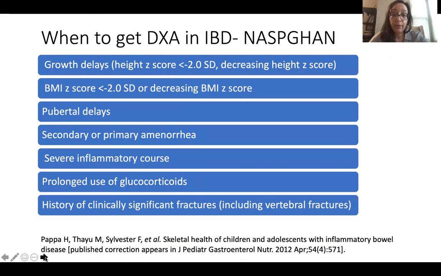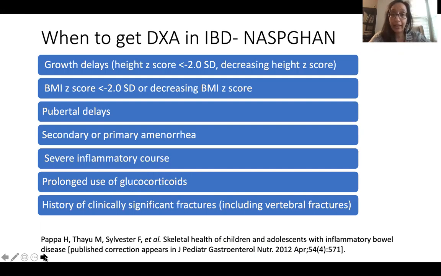The North American Society for Pediatric Gastroenterology, Hepatology, and Nutrition, NASPGHAN, published these guidelines in 2011-2012, and in these guidelines, they recommended that for inflammatory bowel disease, a gastroenterologist should consider obtaining a DEXA scan in the following situations.